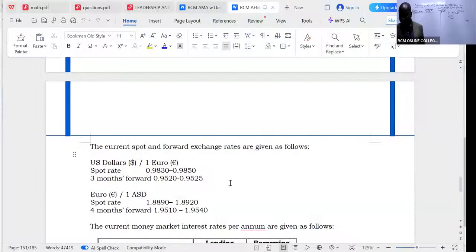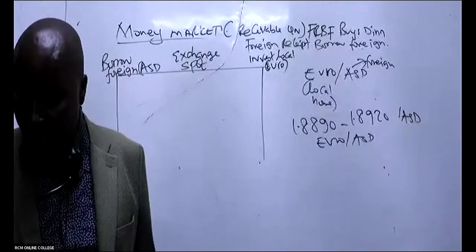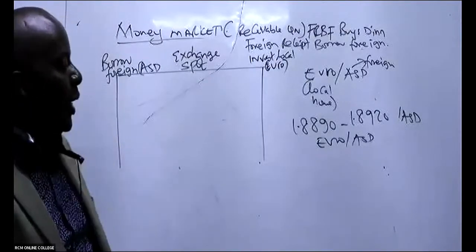I can see the 4 month spot: 1.8890 all the way to 1.8920, with decimals like that. And remember, these are euros per ASD. Now, which way do I move my hand? Towards the home currency. Our home currency is the euro.